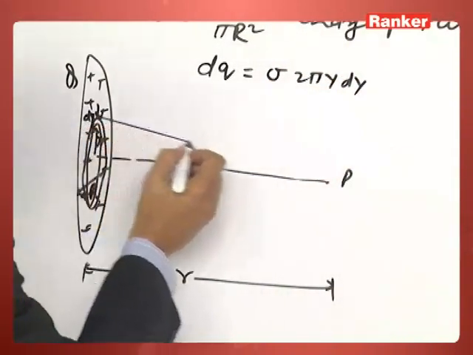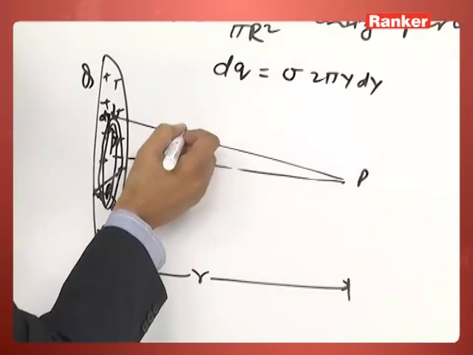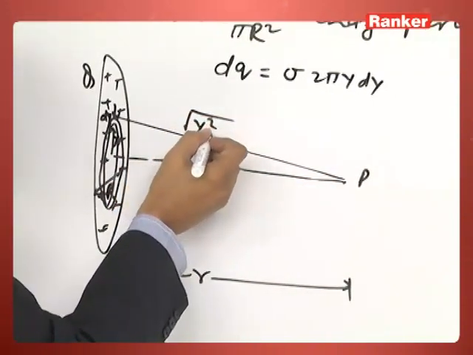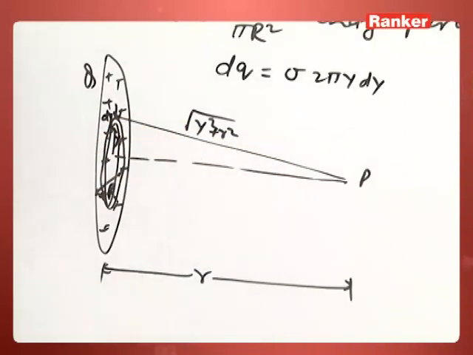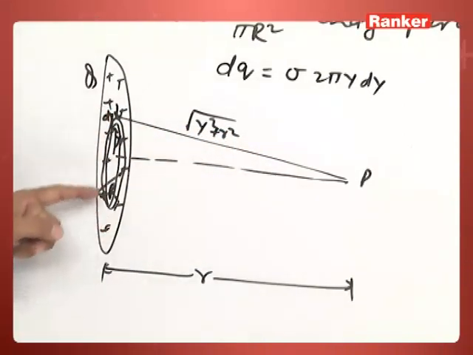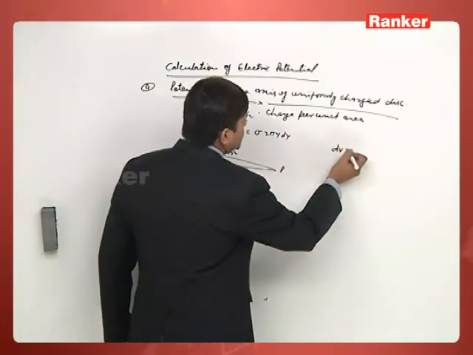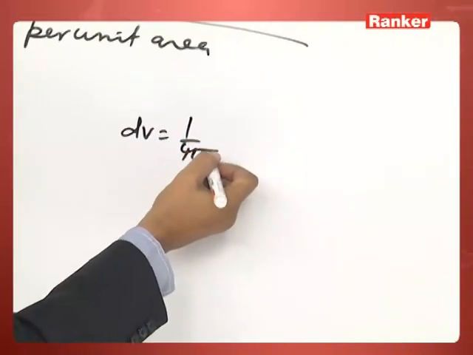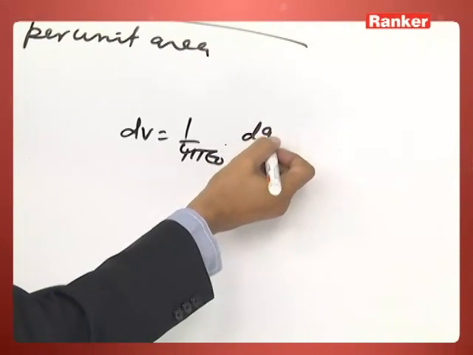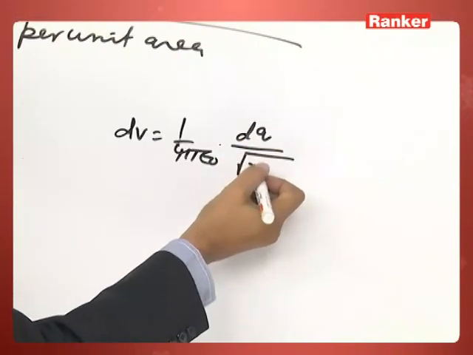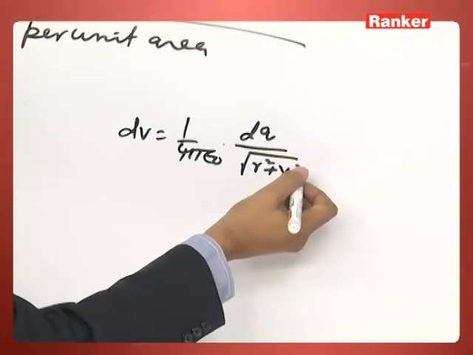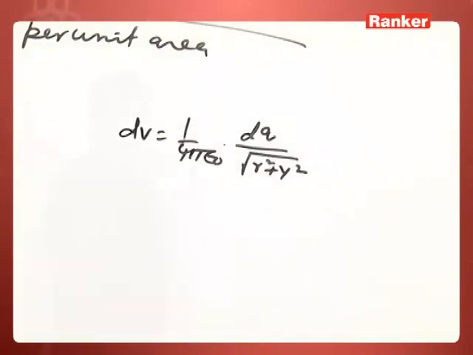The distance is root over y square plus r square. So due to this ring, the potential at point P, dV, is 1 by 4 pi epsilon naught dq by root over r square plus y square.